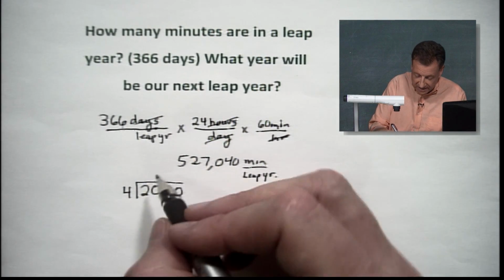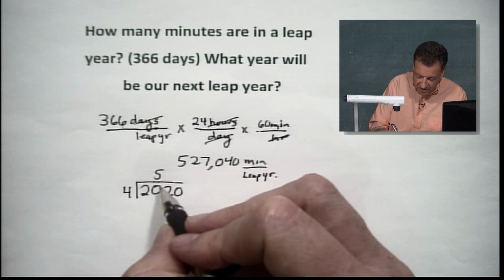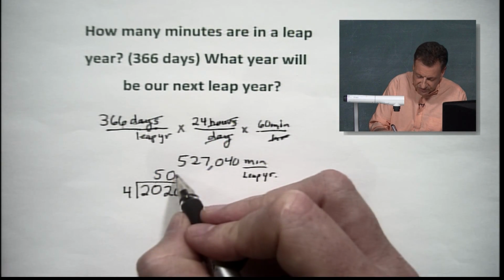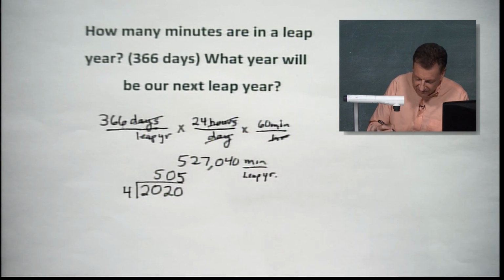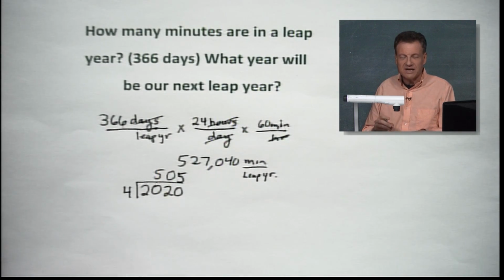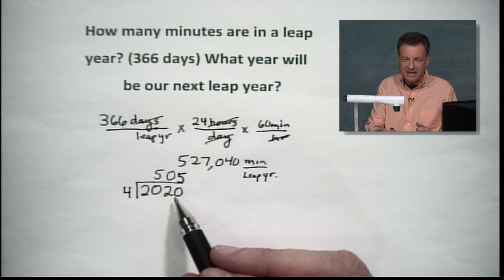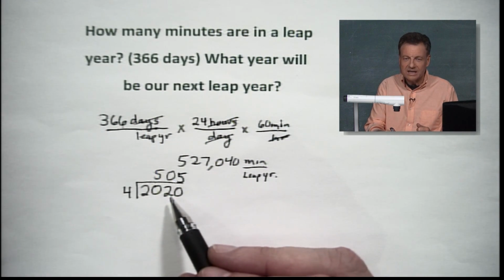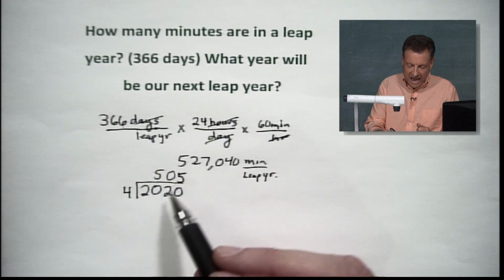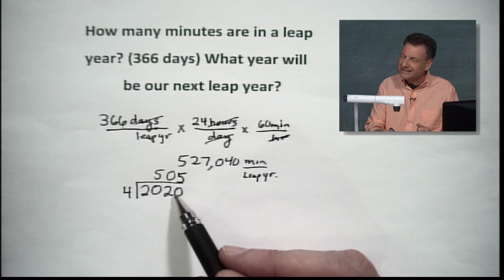4 goes into 20 five times, and then we're going to have another 20 to work with. But remember, we've got a little space there. So basically, it's going to be 505. That comes out nice and even. If you put 2018 in there, you don't come out even. You come out with a little bit over, a little half of something there. And if you go with 19, it's not good either.